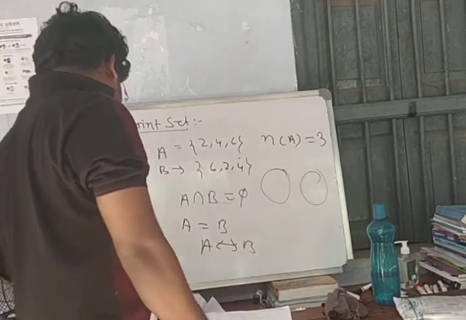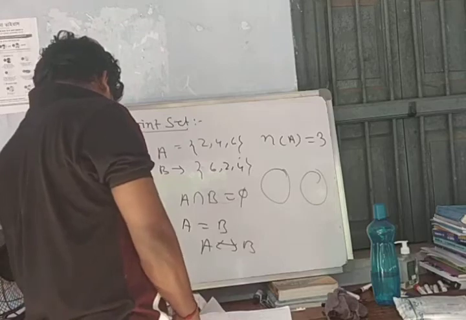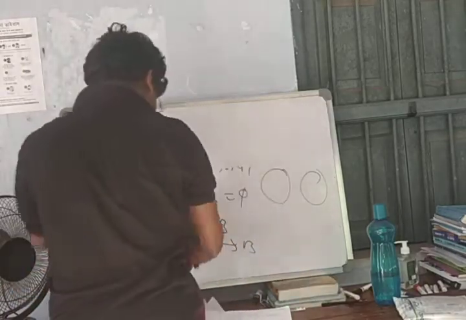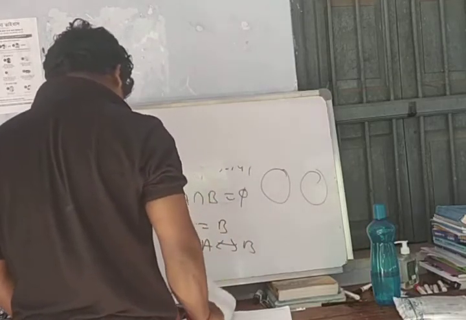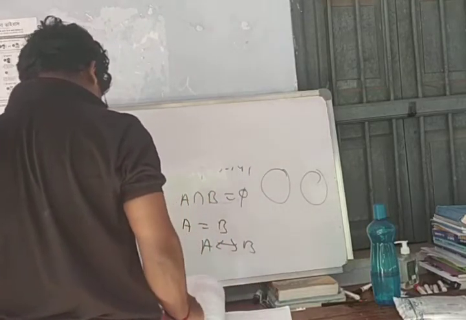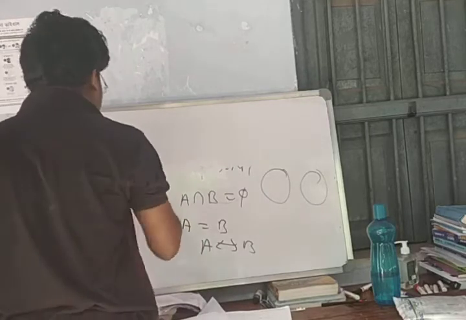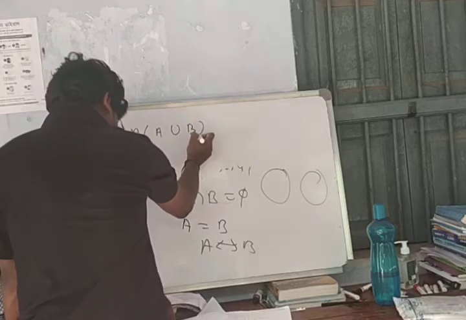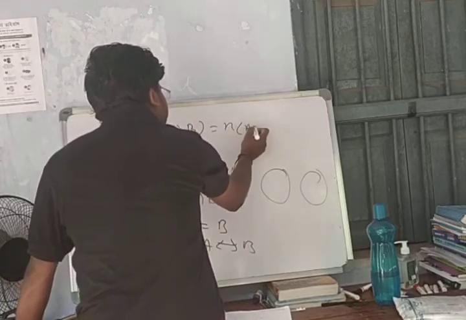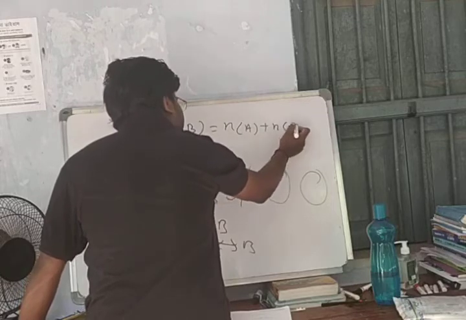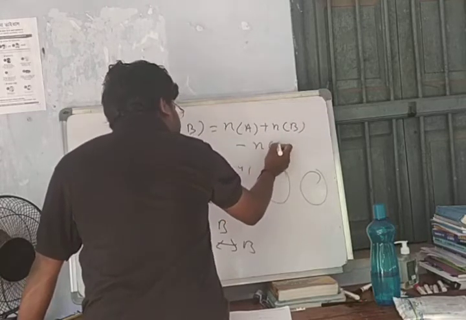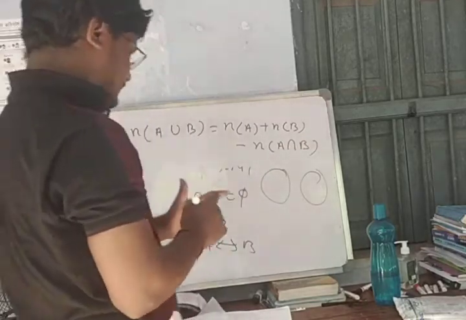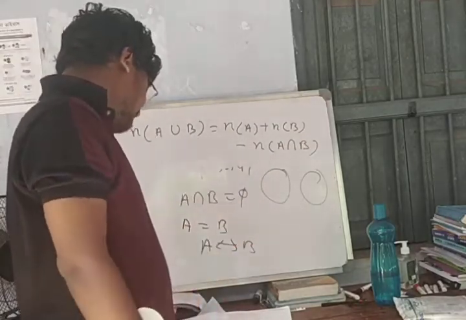I just write it here: n(A union B) equals n(A) plus n(B) minus n(A intersection B).